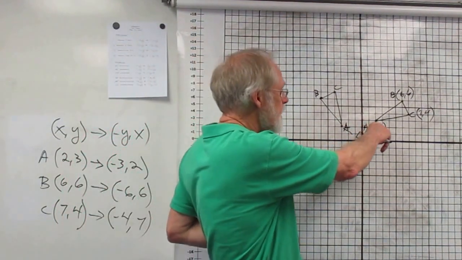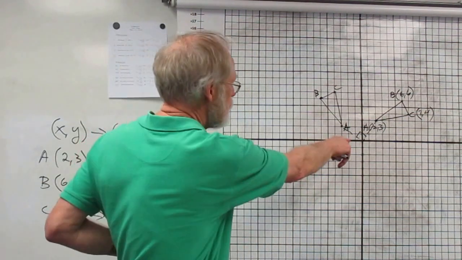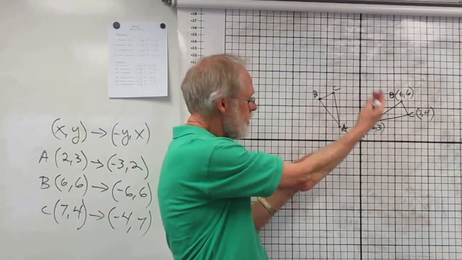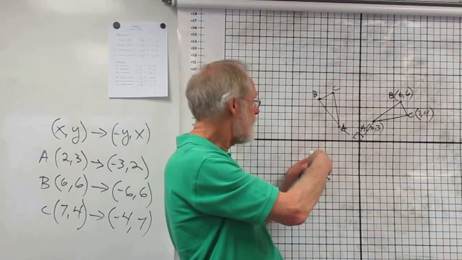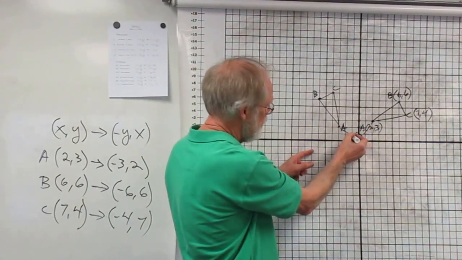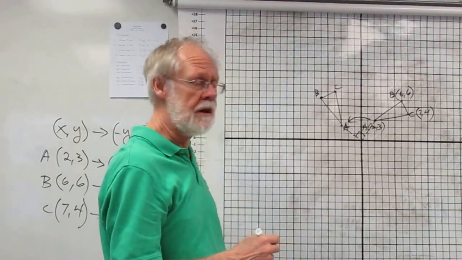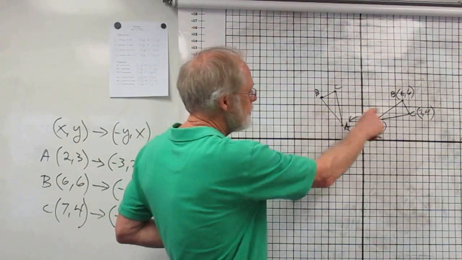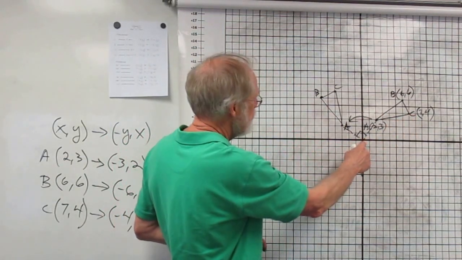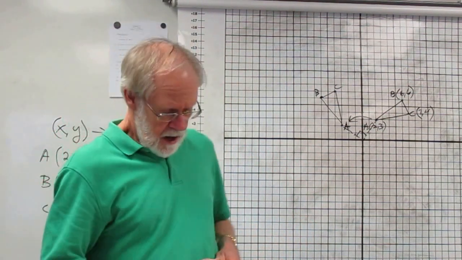And remember, we are thinking of each of these points as attached by a string or a wire to the origin. So when we rotate counterclockwise 90 degrees, we are saying that that angle that's formed with the origin must be moving 90 degrees in this direction, counterclockwise. All right, and again, if we took the other 2 points, attached them to the origin, you would then see that the same thing is happening with those.